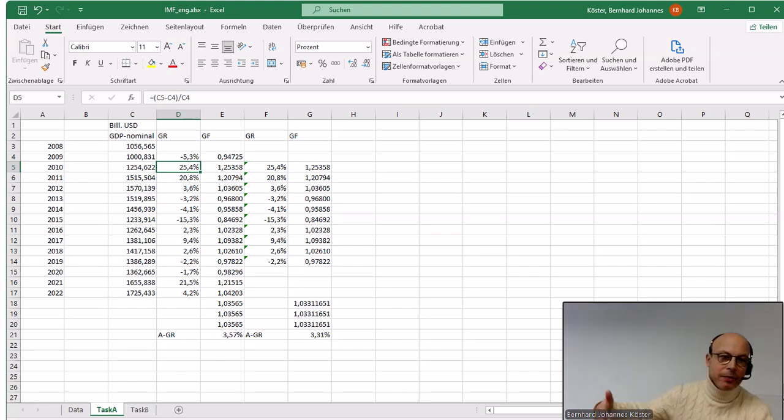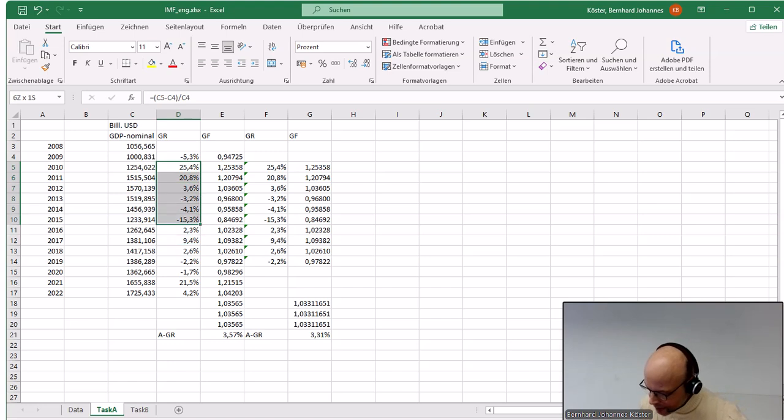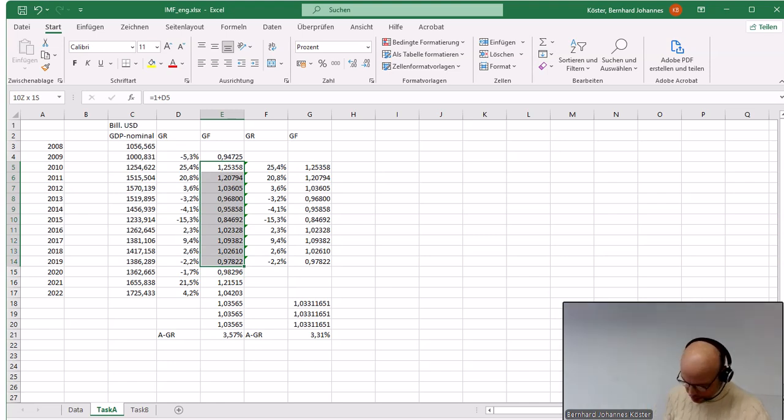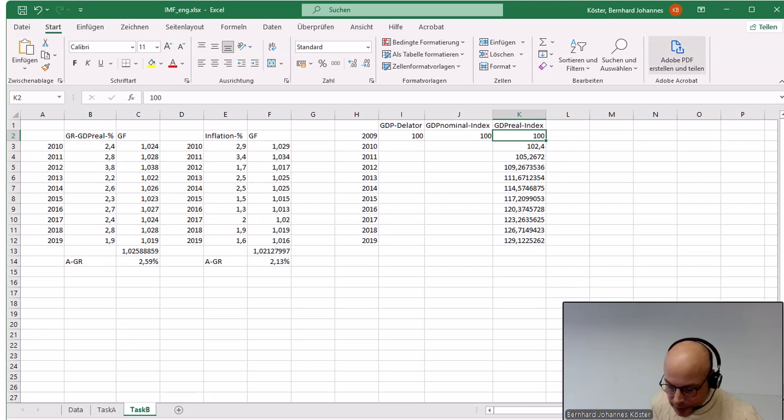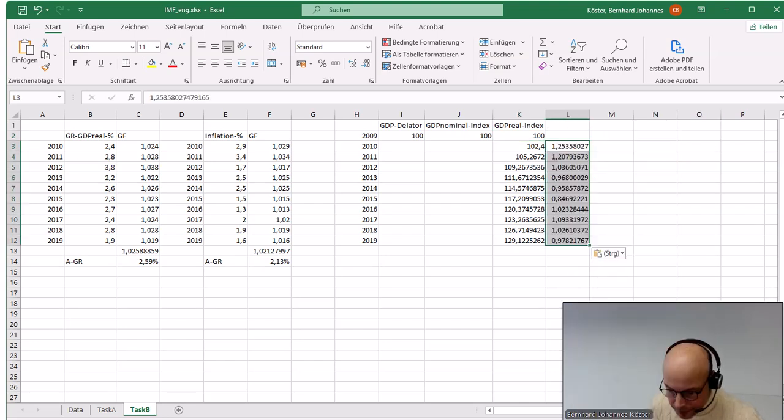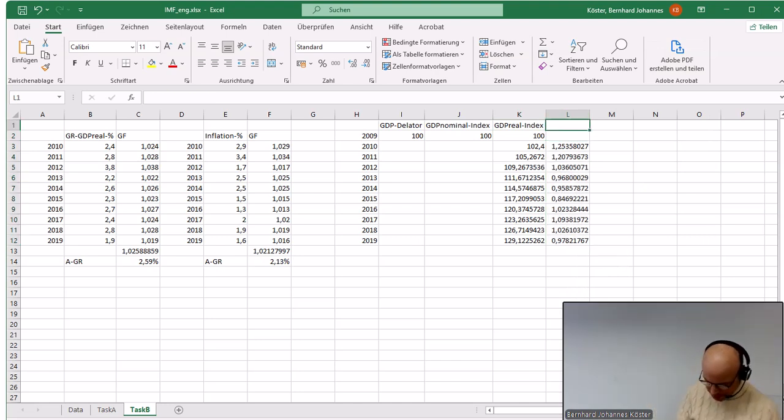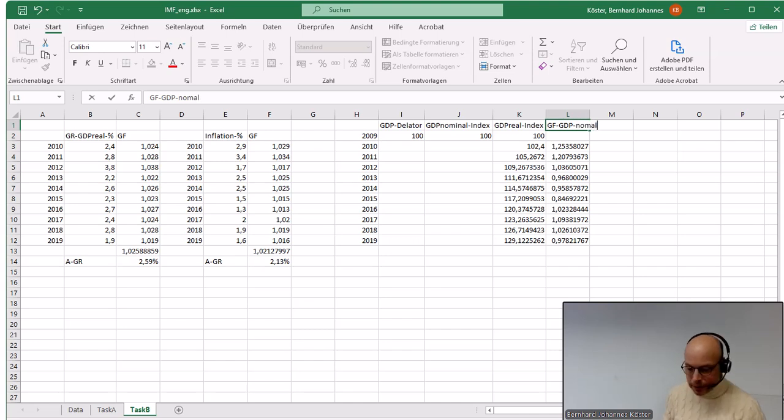And there, we just need the growth rate from 2010 to 2009. Oh, the growth factors we should use, to 2019. So done. And this would be the growth factors of GDP nominal.